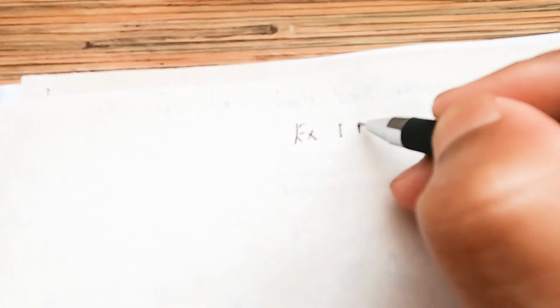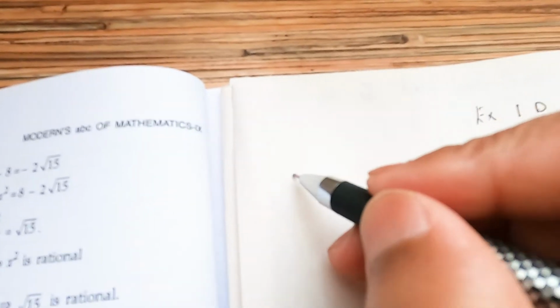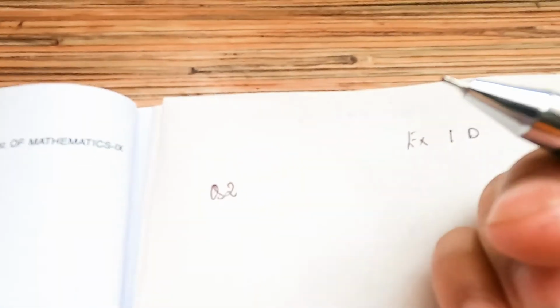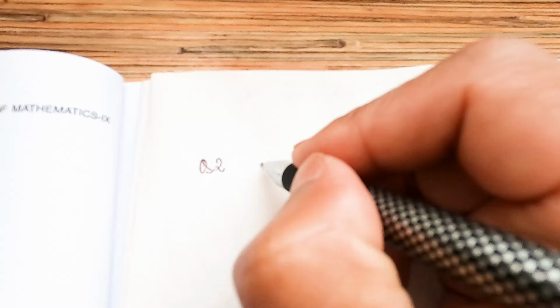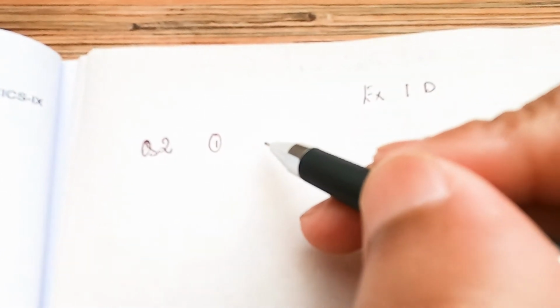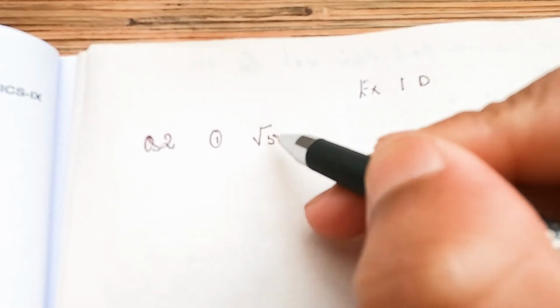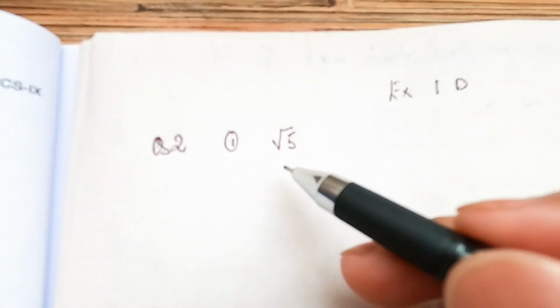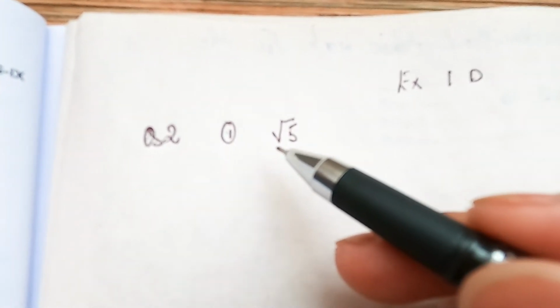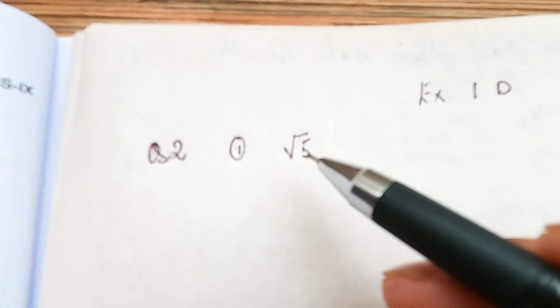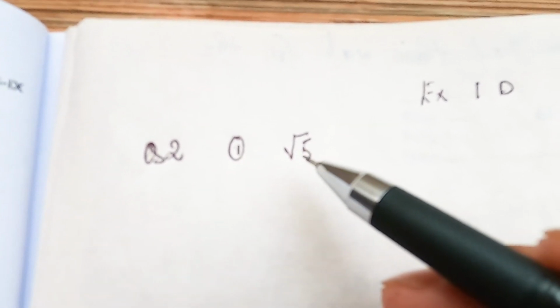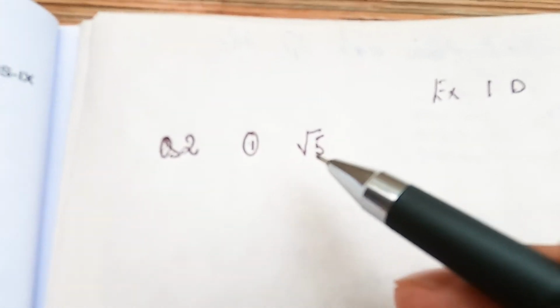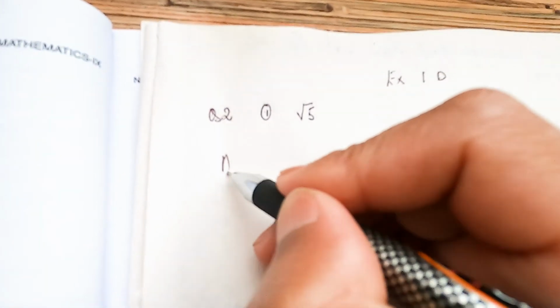Exercise 1D, question number 2. We have to find out whether these numbers are irrational or rational. The first one is root 5. We know that root 5 is not a perfect square, so we can say that root 5 is an irrational number.